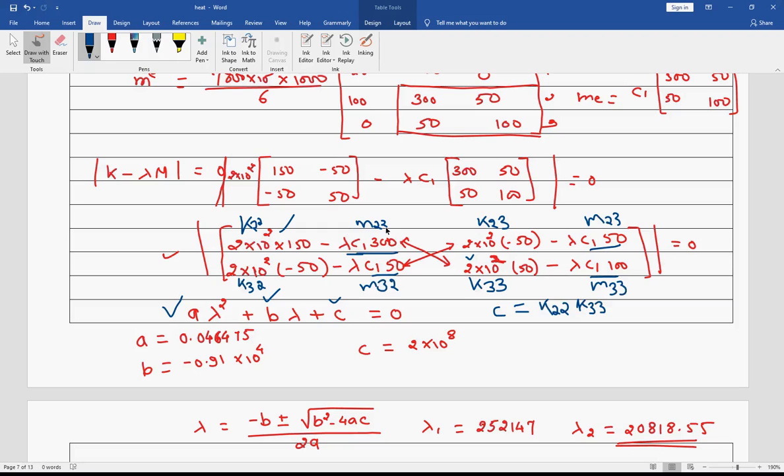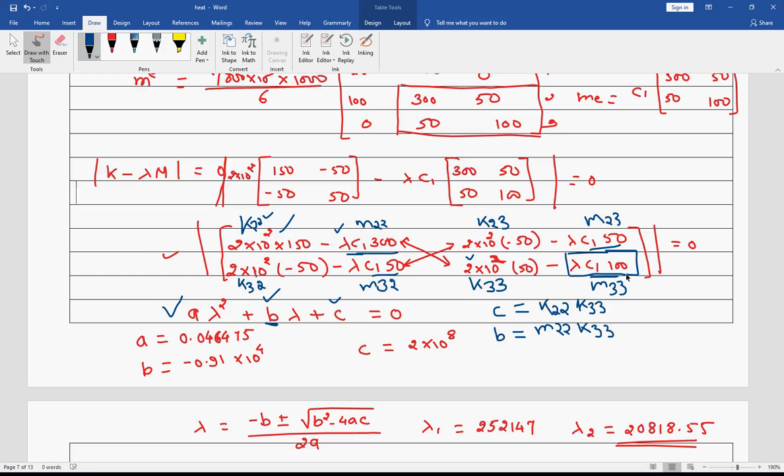Now, next is M22 into K33. So this is going to go for the lambda, so that is going to contribute to the value of B. So I can write B as M22 into K33. So this is now contributing to my B. Now again I go back here, and this will be multiplied by this factor.